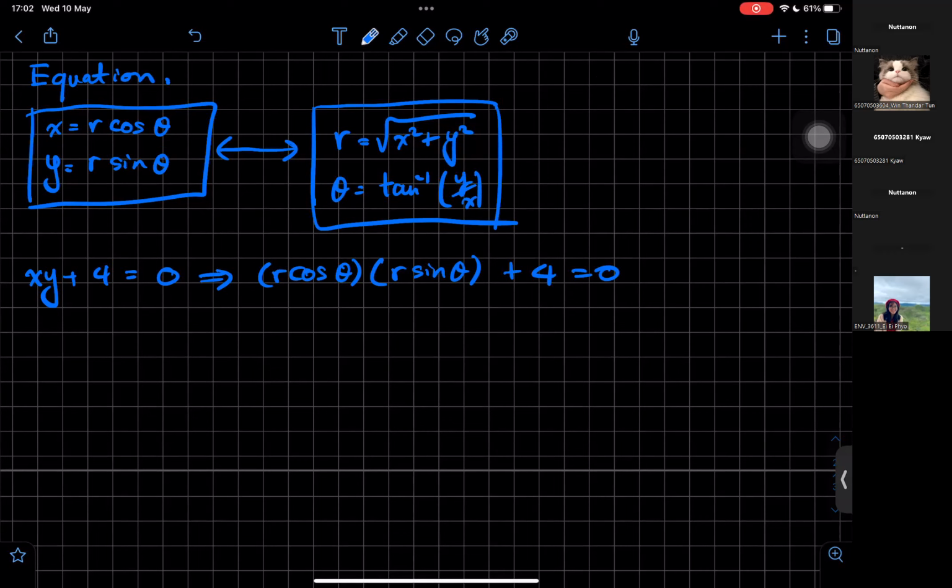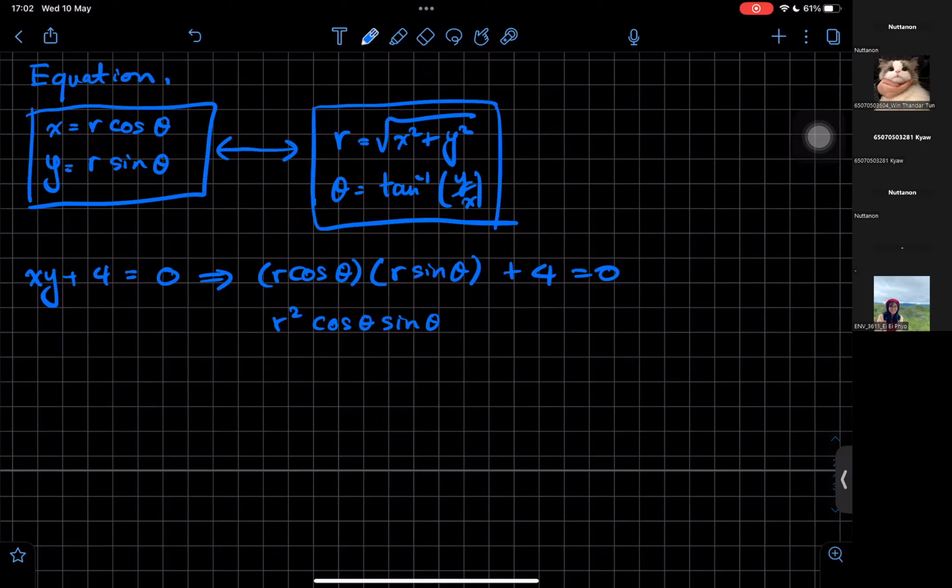But sometimes you need to know some properties of trigonometric functions, because like this one, I get r squared and cos theta sin theta.